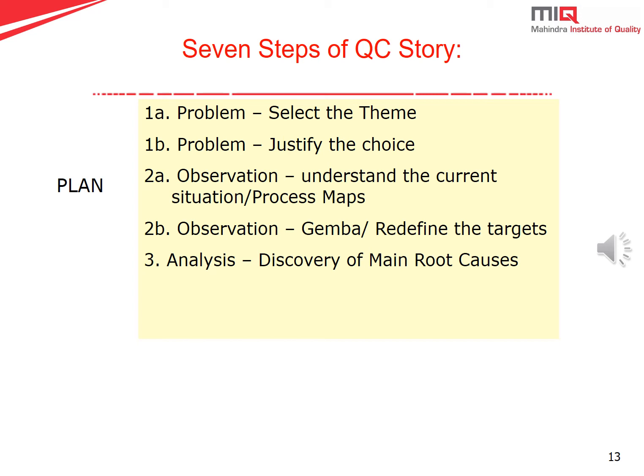In step number 2, a process map is created and the process is studied by Gemba observations. Man, machine, material, method, measurement, all these conditions are checked. A lot of Gemba observations are collected which serve as a clue for identifying all possible causes in the analysis step.